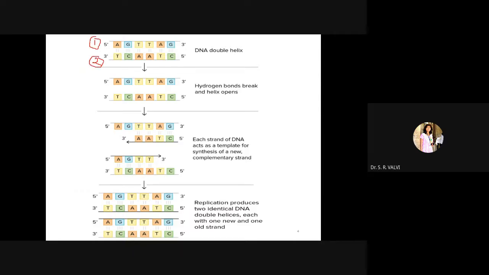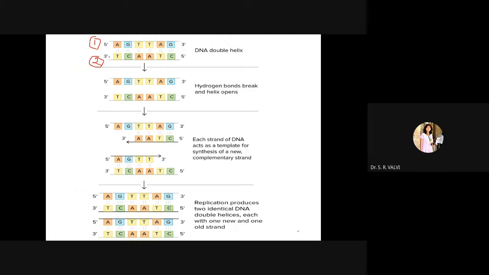DNA is a double stranded structure because it has two strands, whereas RNA is a single stranded molecule.